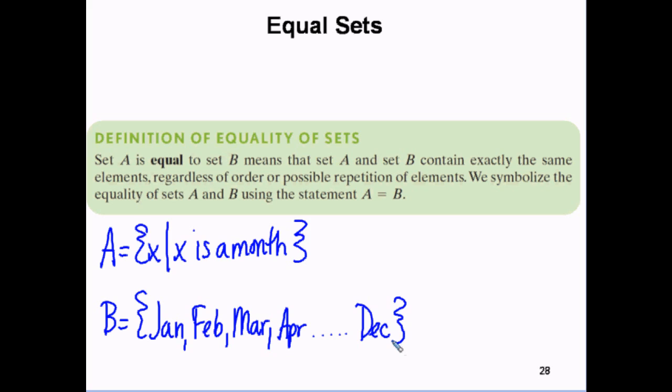Okay. They look different. They're equal, because they're both talking about the 12 months of the year. So in this case, I would say A equals B. So equivalent, you have the same number of items in your set. Equal, you have the exact same items in your set.